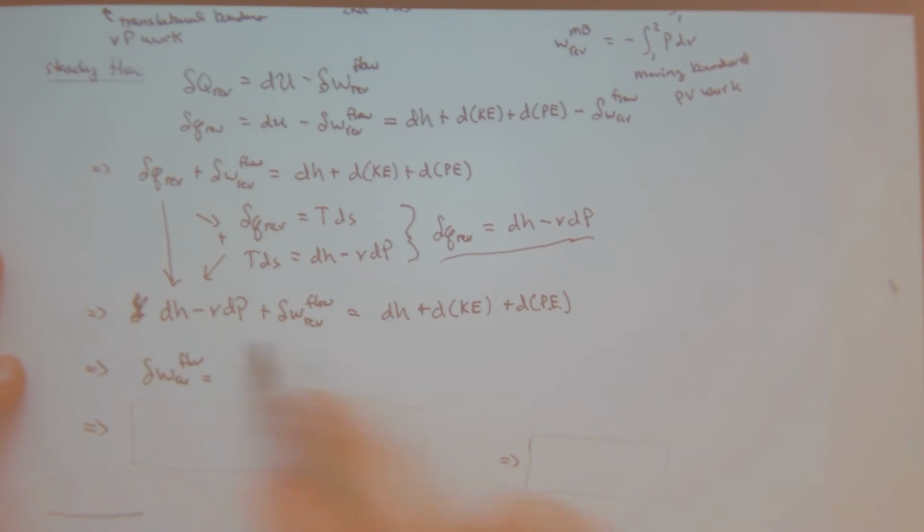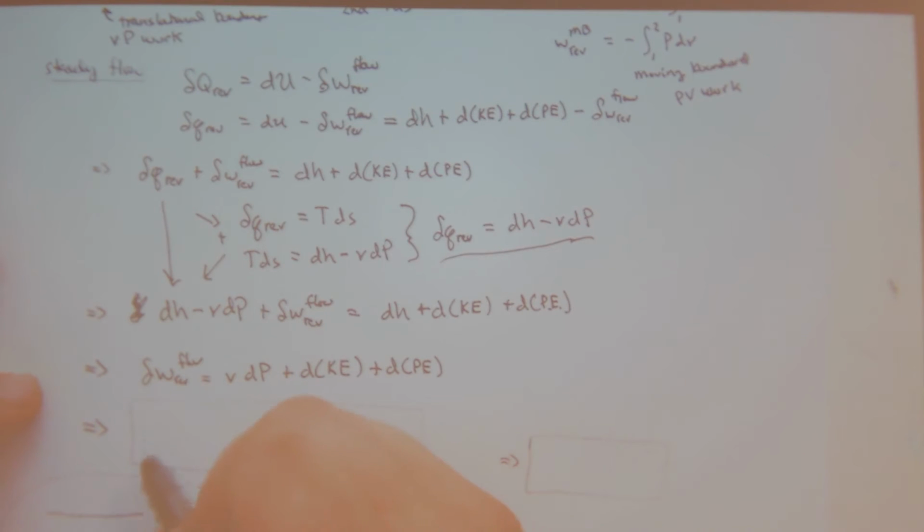So I'm just going to take this part, bring it over here. So work reversible flow is equal to V dP. There's not one over here. My H's cancel out. Plus d kinetic energy part plus d potential energy part.